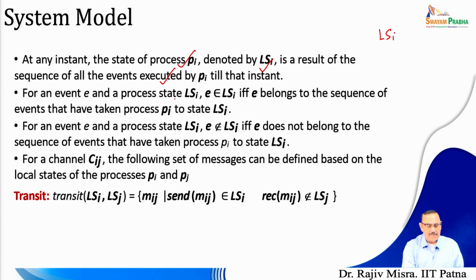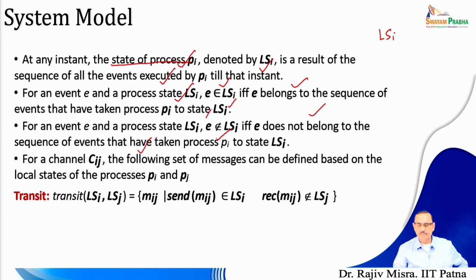For an event e and a process state LS_i, if e belongs to LS_i, that means e belongs to the sequence of events that have taken process P_i to the state LS_i. If e does not belong to LS_i, that means e is not in the sequence of events that have taken process P_i to LS_i.